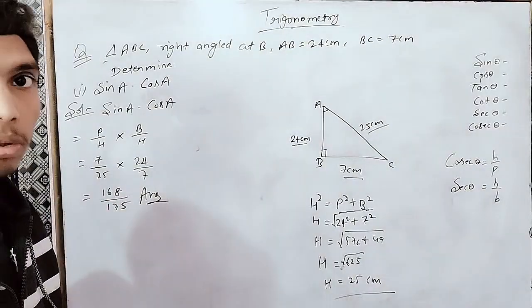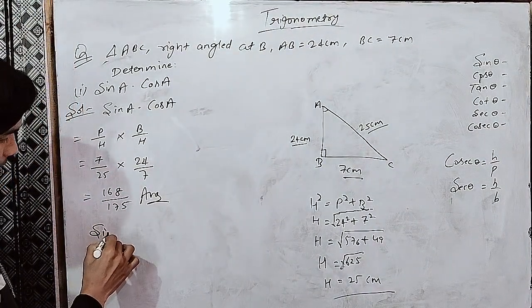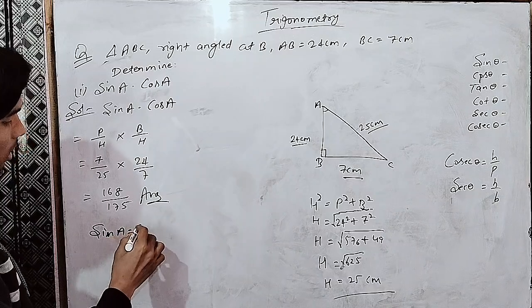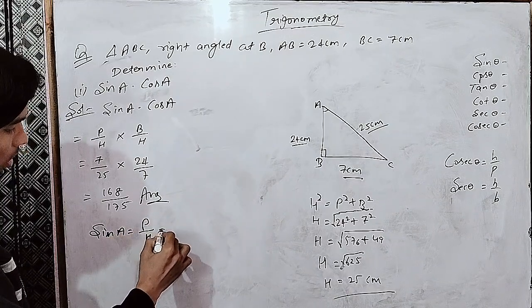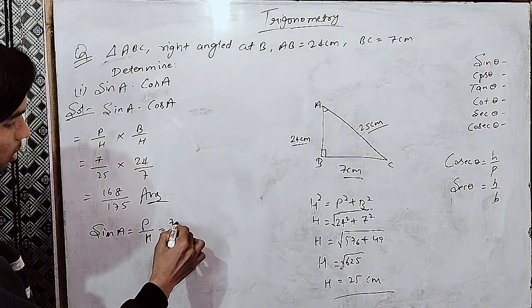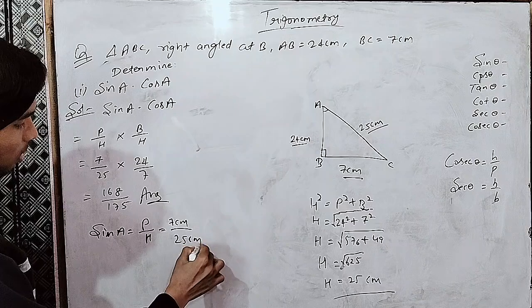We did the multiplication. So here we can write sin A is P by H. P is 7 centimeter and H is 25 centimeter.